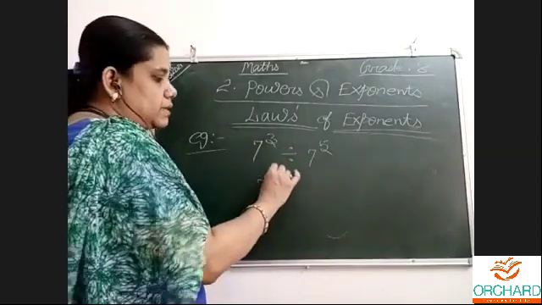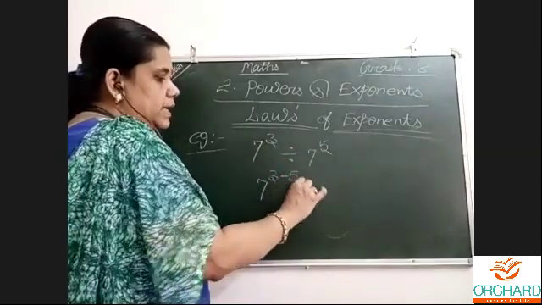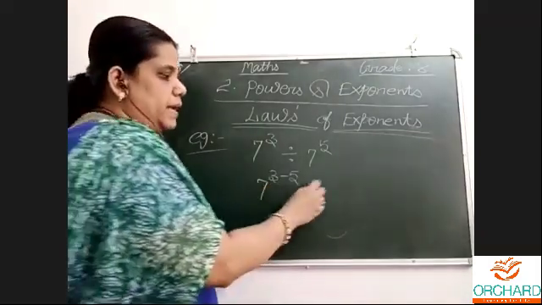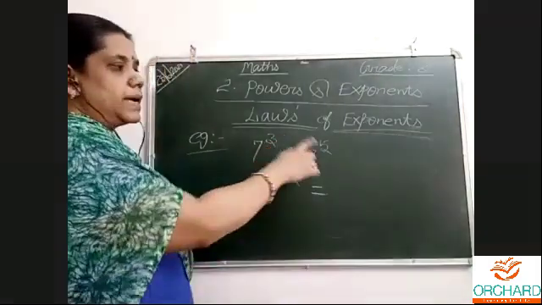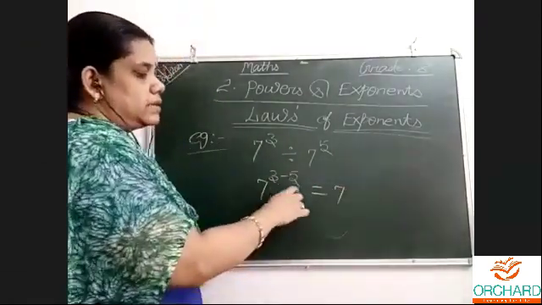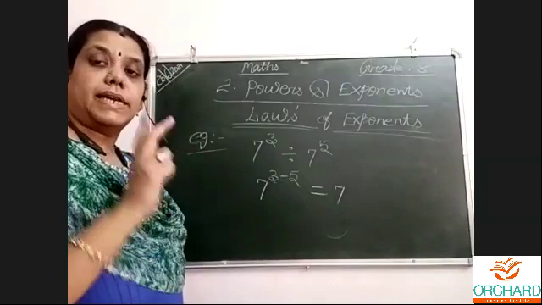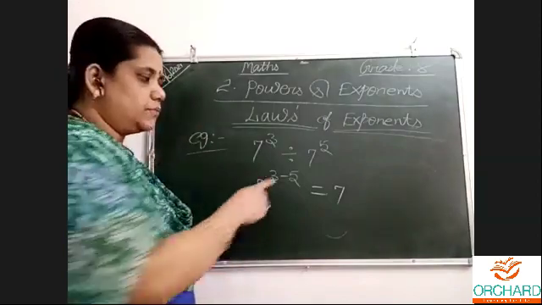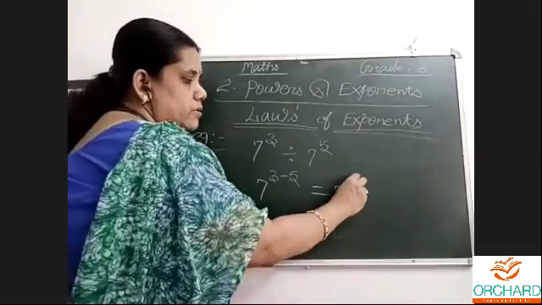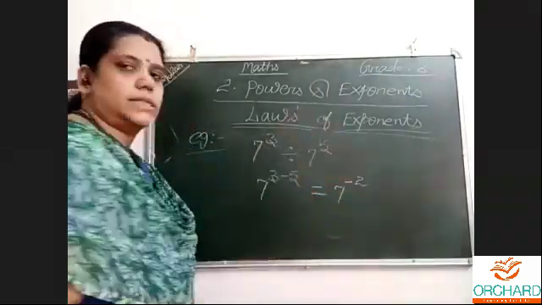We need to subtract the powers. 3 minus 5, one is 3, one is 5, so we subtract that. 7 is the base, 3 minus 5 is minus 2. 5 minus 3 is 2, that's okay, but the greater number's sign, so minus 2. This is very important.